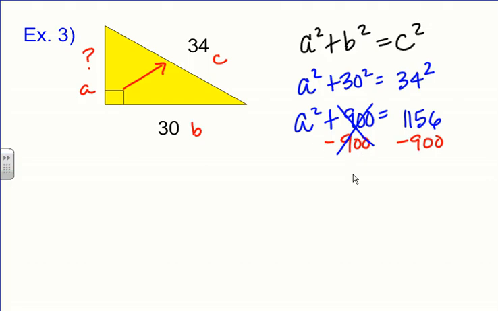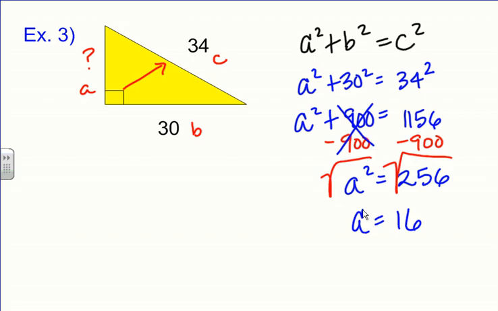A squared plus 0 is just A squared. 1156 minus 900 is 256. So once again, I have a square that measures 256 units. I want the side measurement of the square, so I'm going to take the square root of both sides, and I find out that A equals 16.